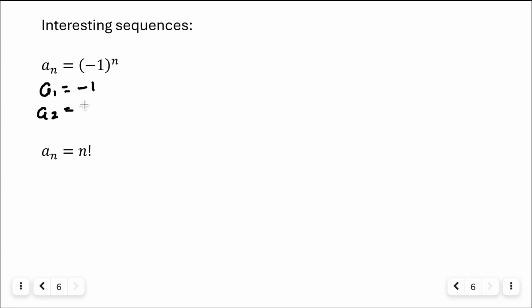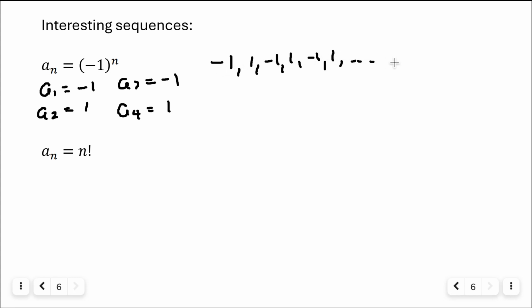A2 would be -1 squared, which is 1. And you can see quickly what happens. -1 cubed is -1 again. -1 to the 4th is 1 again. So the sequence looks like an alternating set from 1 to -1: -1, 1, -1, 1, -1, 1. And that would continue forever.